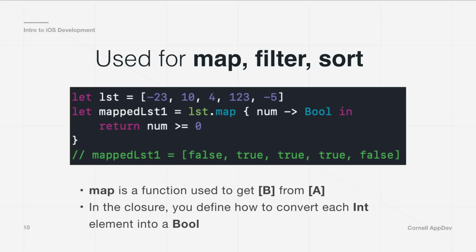We plug in negative 23 for num, and then we see that negative 23 is not greater than or equal to 0, so negative 23 gets mapped to false. And the same thing for 10. 10 is greater than or equal to 0, so that is mapped to true. And then 4 is true, 123 is true, negative 5 is false. So now map has allowed you to go from an array of integers to an array of booleans. So that's another use case for closures.